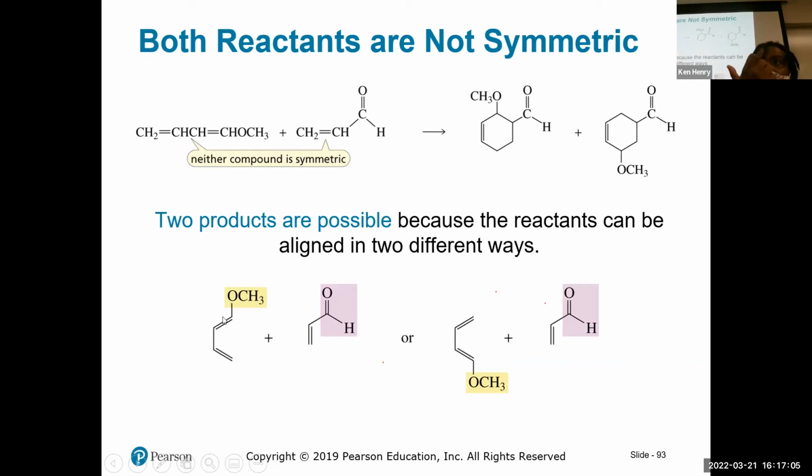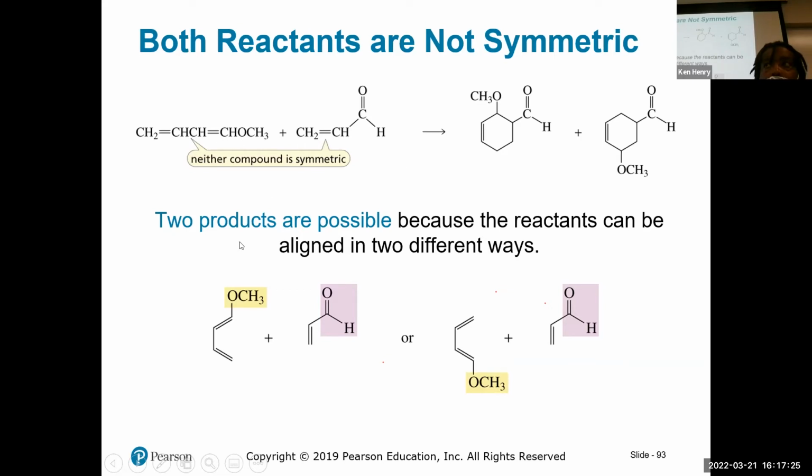So we're still going to end up with similar types of products, but now we just need to pay attention to where things are going to be binding, right?